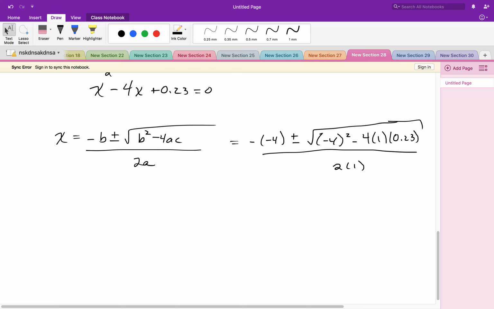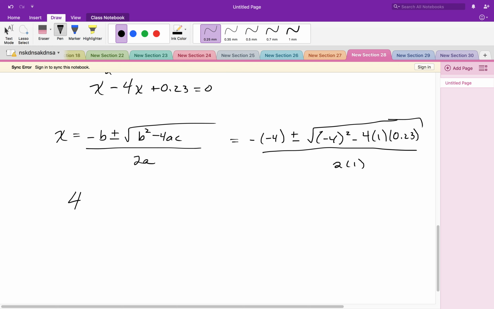So when we plug these numbers in, we get the following. x equals 4 plus or minus the square root of 16 minus 4 times 0.23, that's 0.92, all divided by 2.